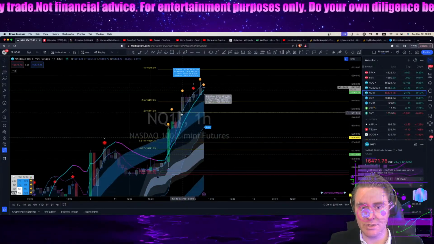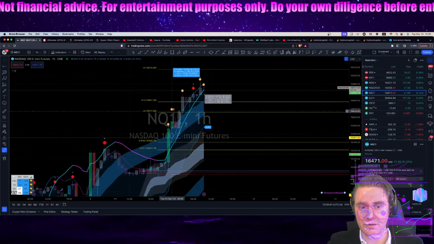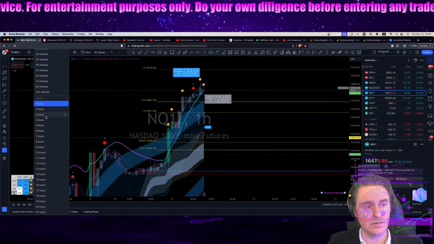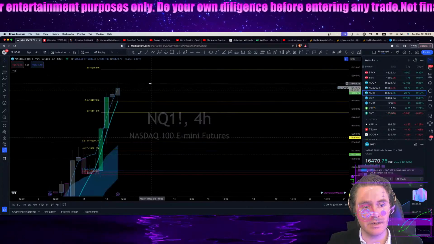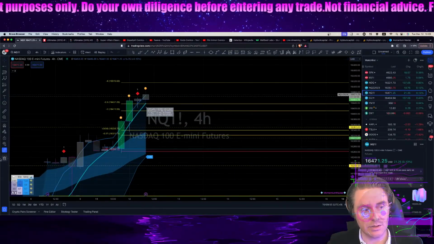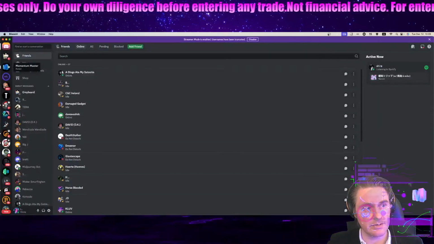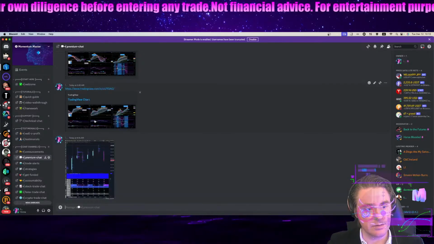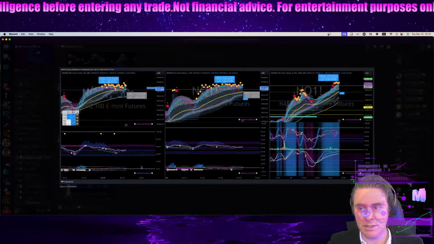Yesterday we were watching this come up here in a manner. Took some easy plays here and there. For the Discord, we had some nice little delta slingshots off of here.